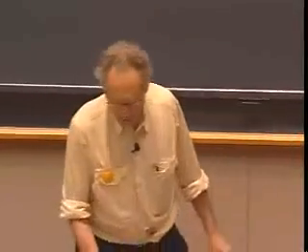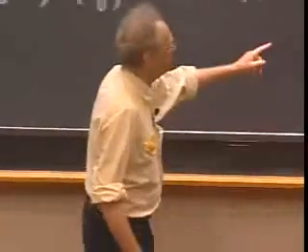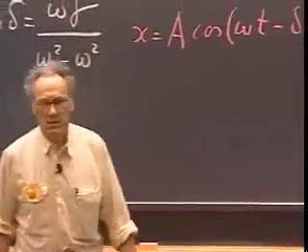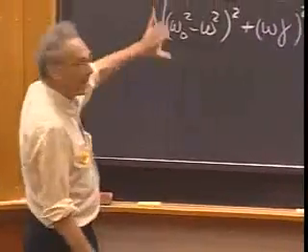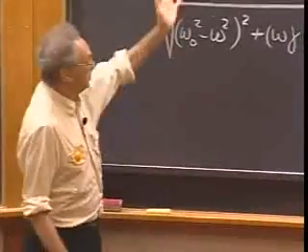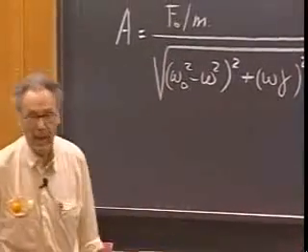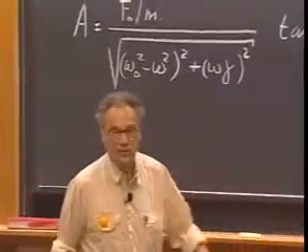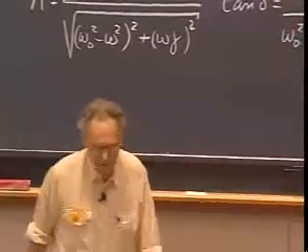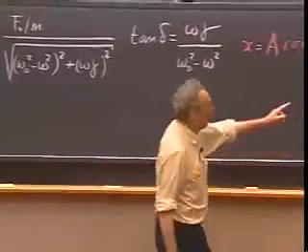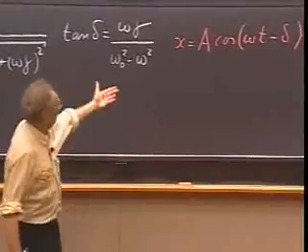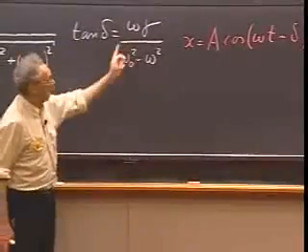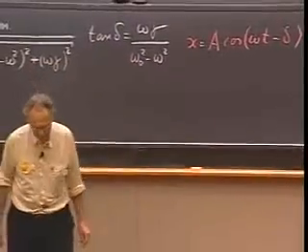It has lost all its memory. And so A, the amplitude of that object, is not something that you may choose. A follows immediately from this equation, which is a complex function of omega, omega 0, F0, and so on. And delta is also non-negotiable. Delta has nothing to do with your initial conditions. Delta follows from gamma, omega, and omega 0.